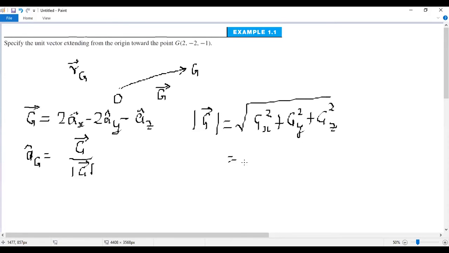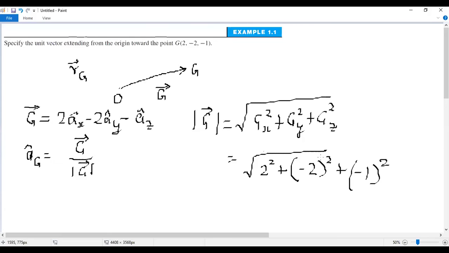So if you substitute this here, you will get 2 square plus minus 2 square plus minus 1 square, right? What is 2 square? 4.